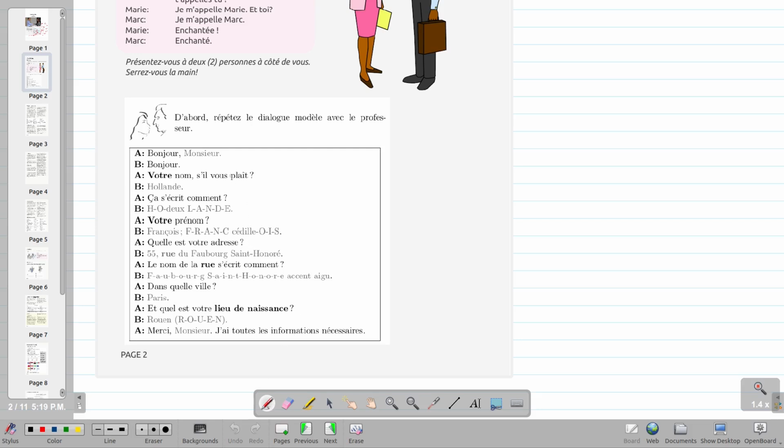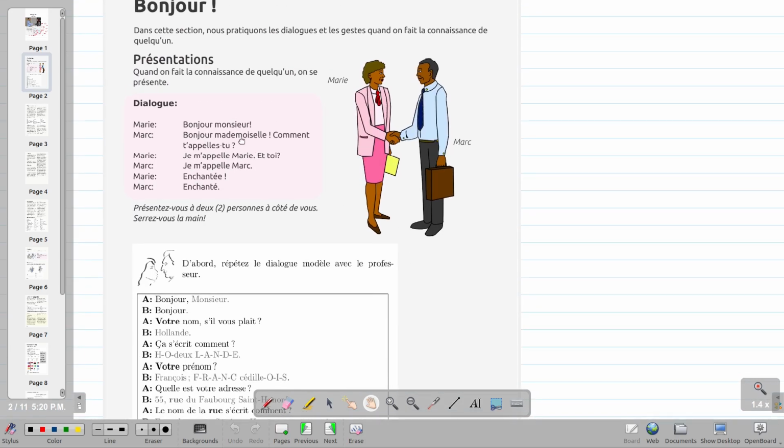In this lesson, we are going to continue to pursue our communication learning objective. In the last lesson, we saw a dialogue between Marie and Marc, and through that dialogue, we learned how to greet people: bonjour, hello, or good morning, or good day, and then bonjour madame, bonjour mademoiselle. We are going to come across madame shortly, but bonjour monsieur, bonjour mademoiselle.